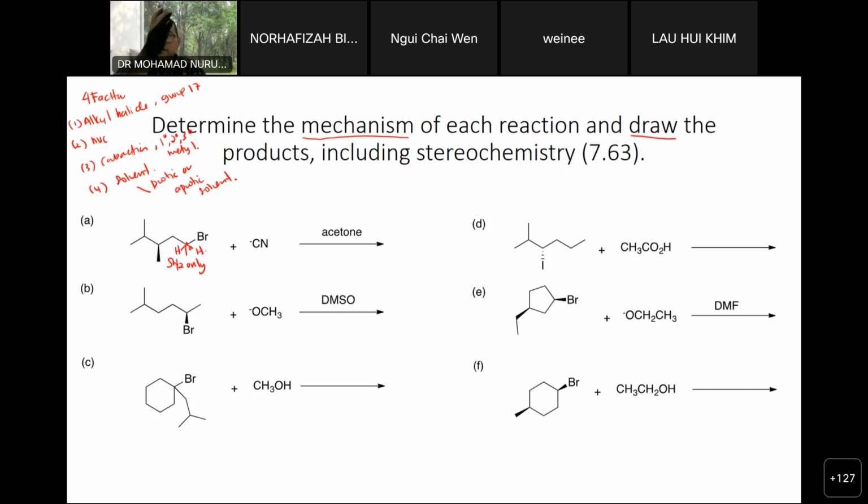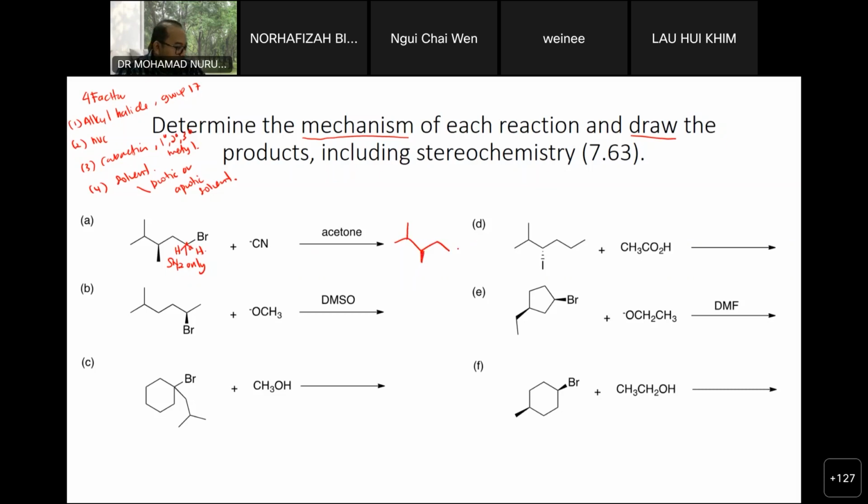Going back to the definition of a chiral center, they have 4 different substituents. This is the simple definition of a chiral center. So how can we draw the products? Like this. Don't forget this one.